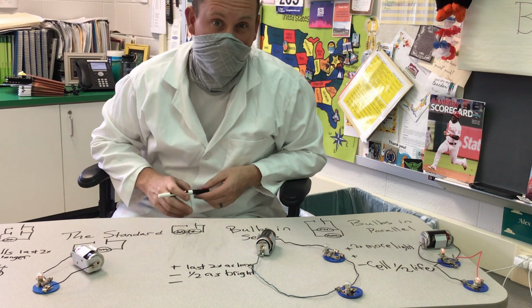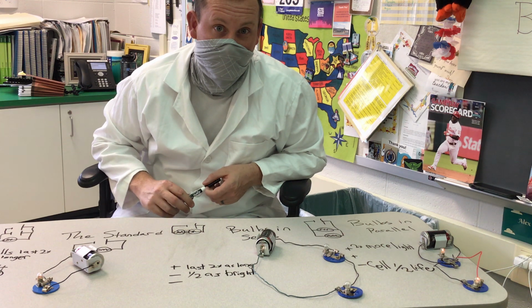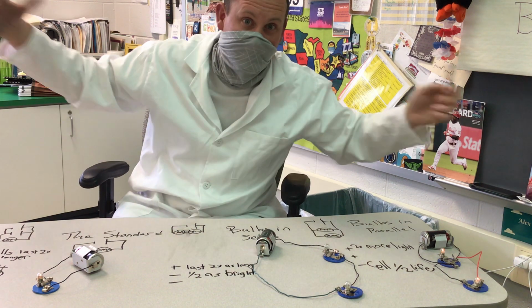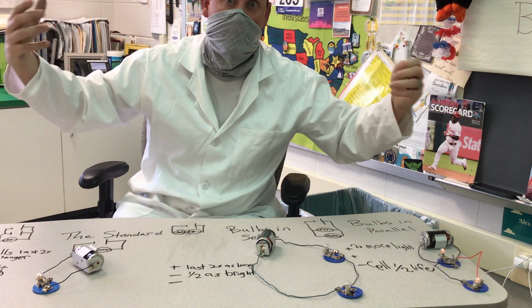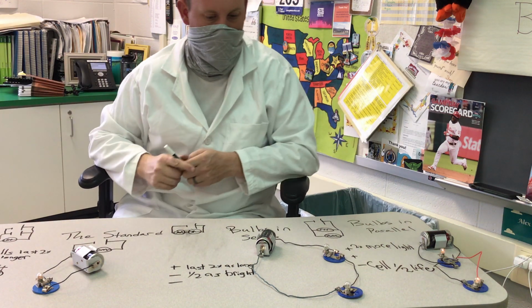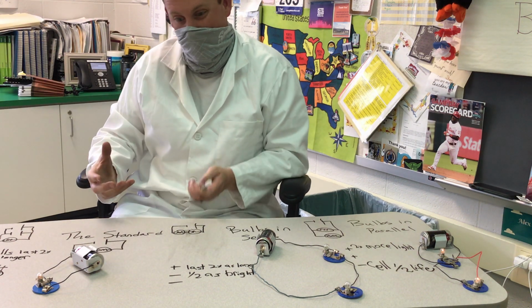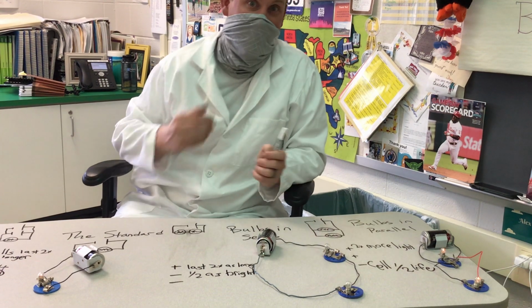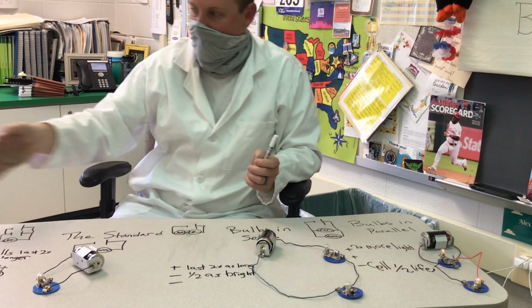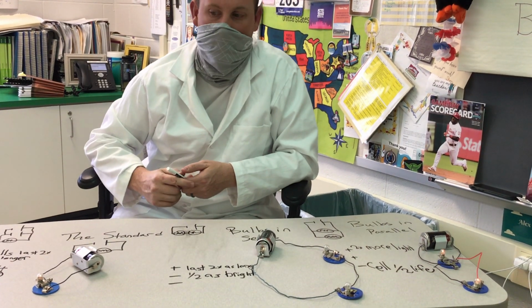This is very similar to stringing up lights. If one goes out, the entire strand goes out, and you have to figure out which single bulb went wrong. So that can be frustrating. You almost throw out an entire series because of one thing going wrong.